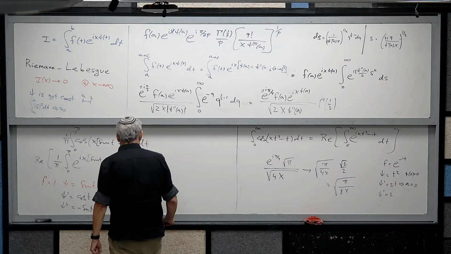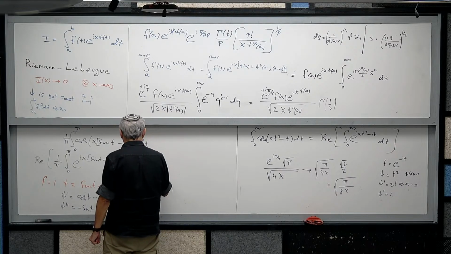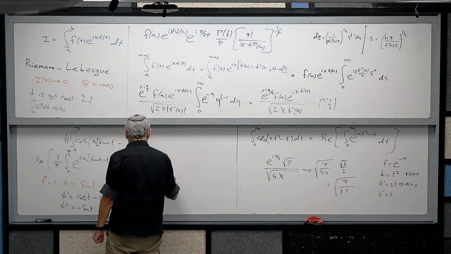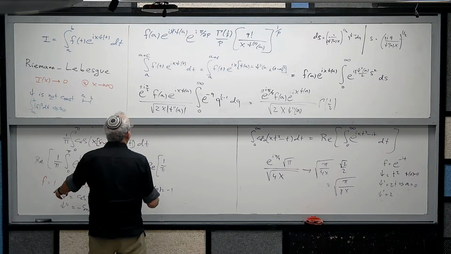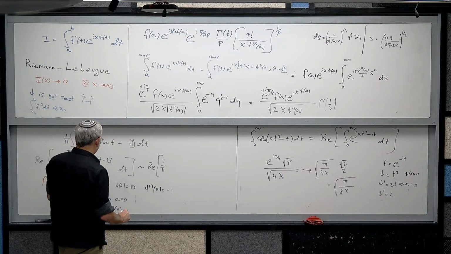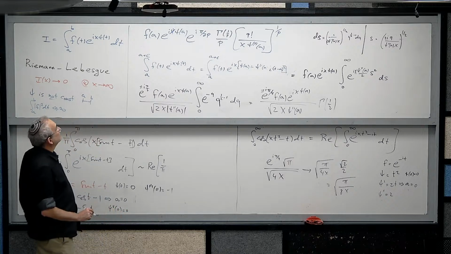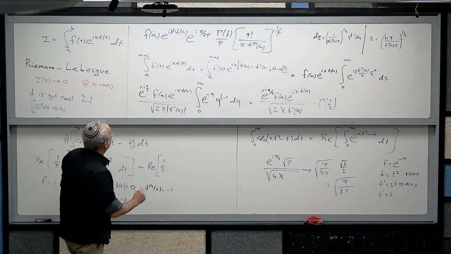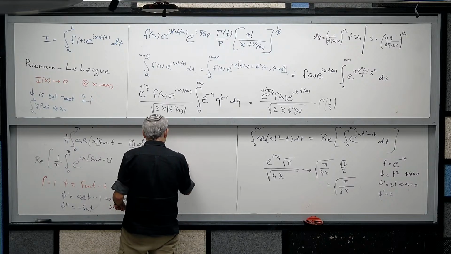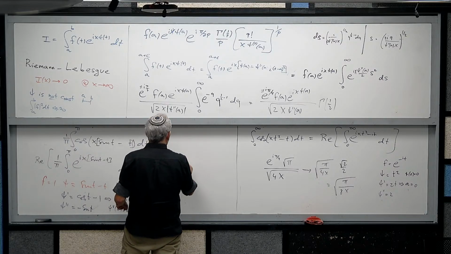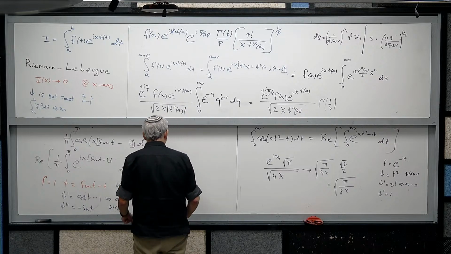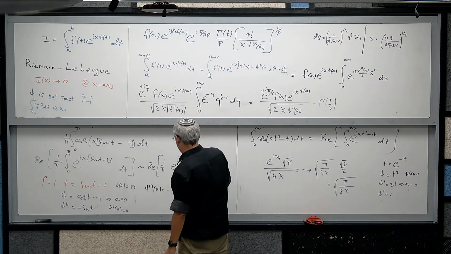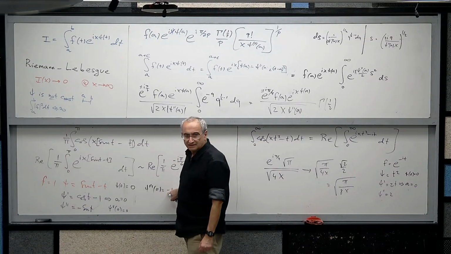Good. So my estimation is the real part of 1 over pi. Now I have to take f of a, which is 1, e to the i x psi of a, which is 1, e to the i pi over 6. And I guess that I should have a minus because this is negative.